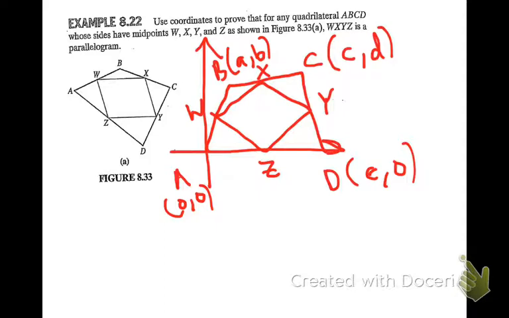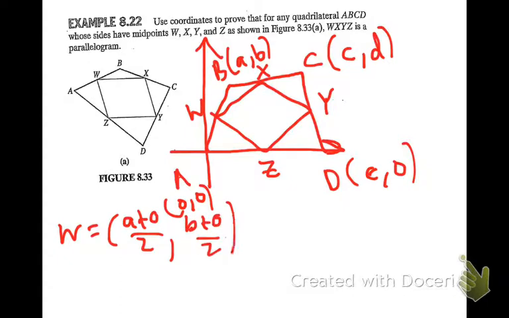So if those are the midpoints, we need to find their coordinates, right? For W, we'd find the average of the X values and Y values of points A and B. So W would equal A plus 0 over 2, B plus 0 over 2, so it would equal A over 2, B over 2.